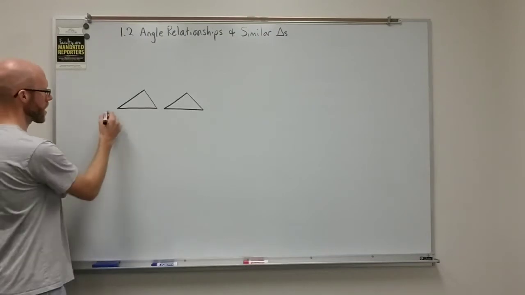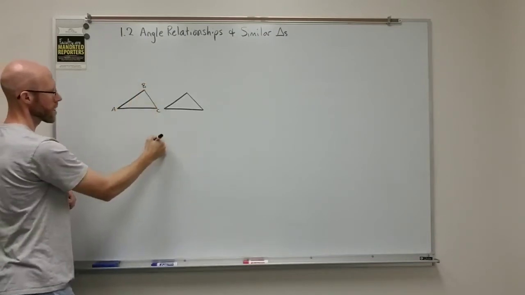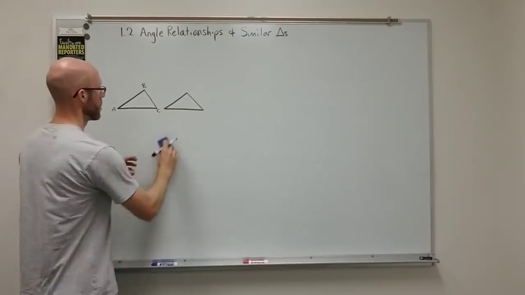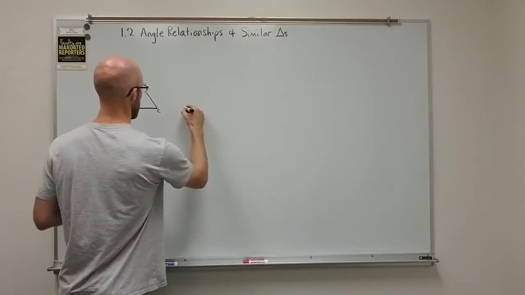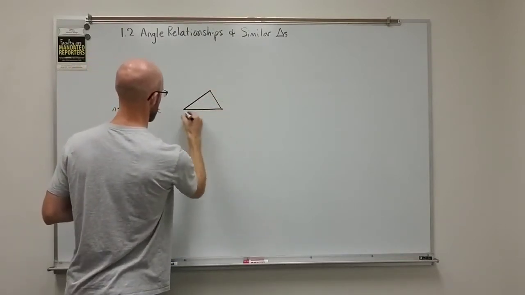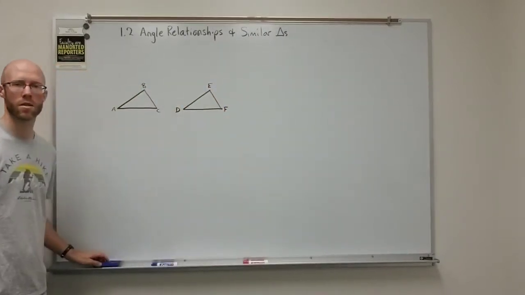So if I had angles A, B, and C, and angles, I should probably draw that farther away. Let's call these D, E, and F. So those are my 6 angles.